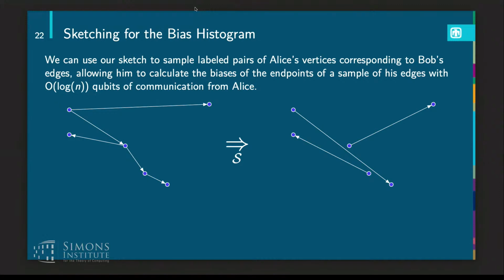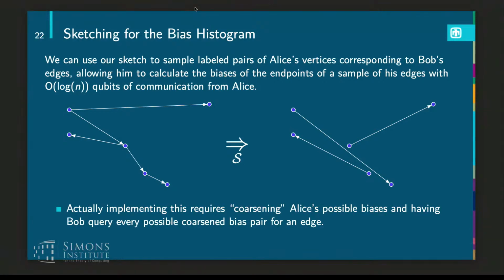And here we're going to start by thinking about, again, this easy case where Bob just has a matching. We could use our sketch to sample labeled pairs of Alice's vertices corresponding to Bob's edges. So Alice would sketch her vertices along with their biases and degrees, and she would then send those along to Bob, and Bob would sample from it using this set of pairs.